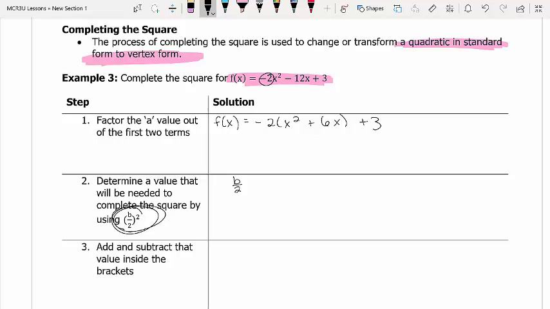You take your b value, divide by 2, and square it. So our b value is 6. So I'm going to go 6 divided by 2 and square it, and I get 9. So the next step is take that value and add and subtract that value into your brackets. So here I go. I'm going to add and subtract 9 to my brackets.